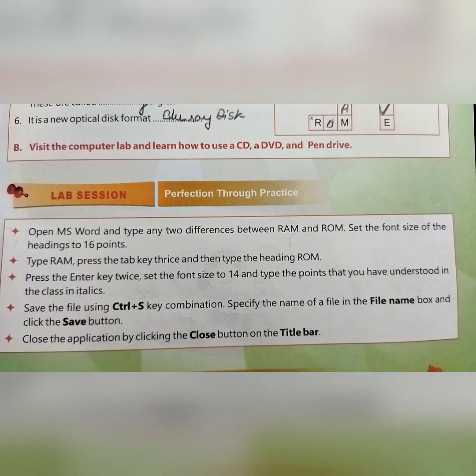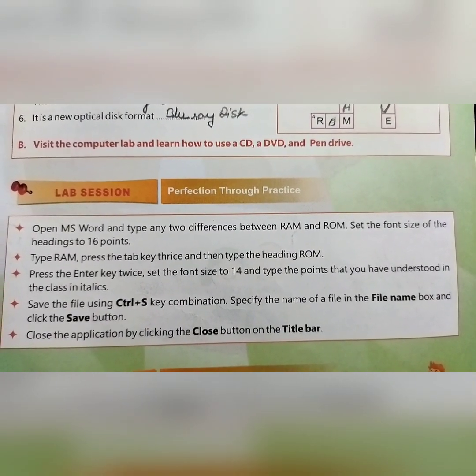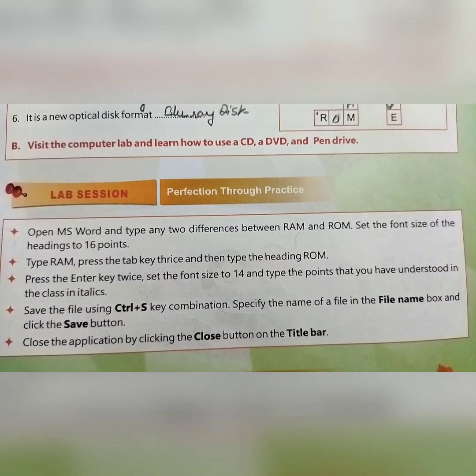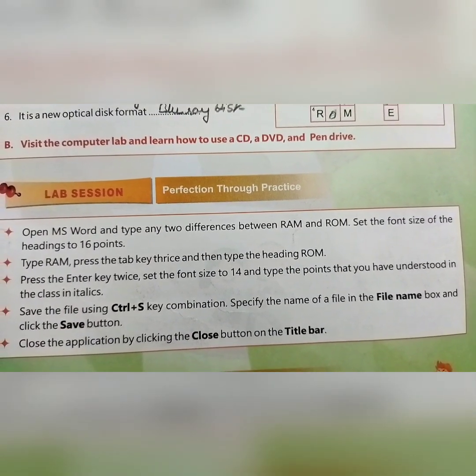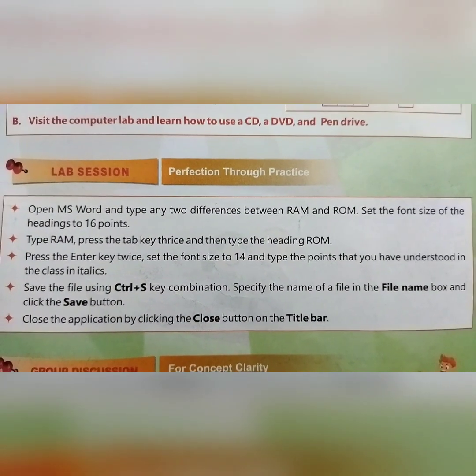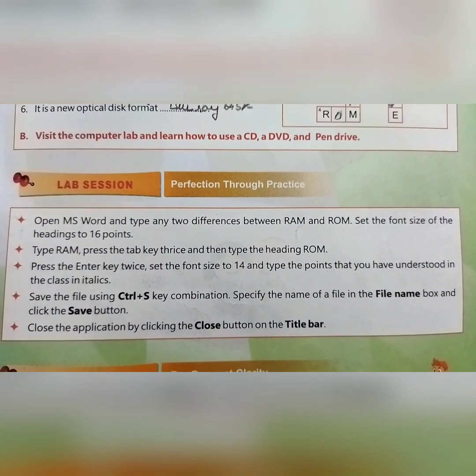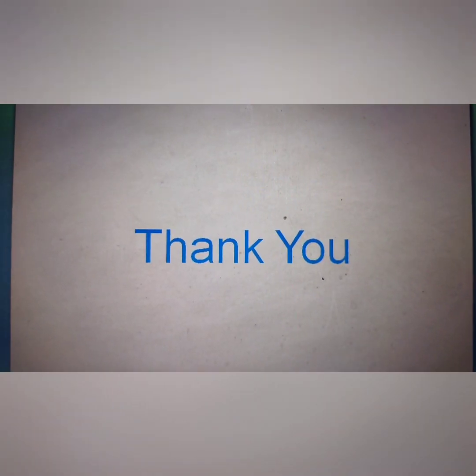Save the file using the Ctrl+S key combination. Specify the name of the file in the file name box and click the save button. Close the application by clicking the close button on the title bar. So this is your lab session activity, apply it in the computer. So class 4, just revise the topics and read chapter number 2.